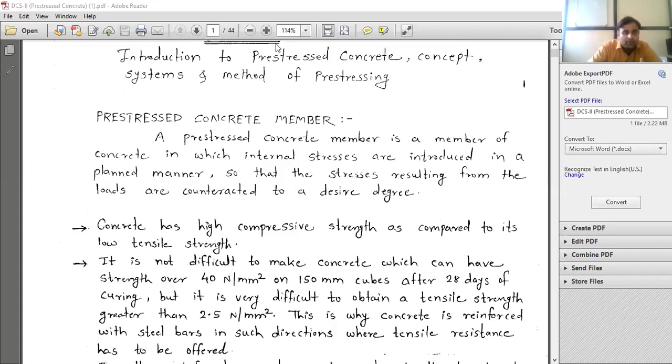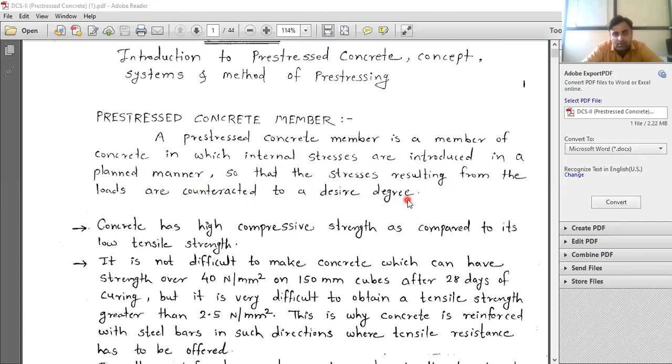Here you can see the definition. A prestressed concrete member is a member of concrete in which internal stresses are introduced in a planned manner so that the stresses resulting from the loads are counteracted to a desired degree.